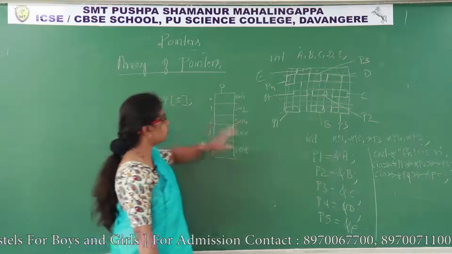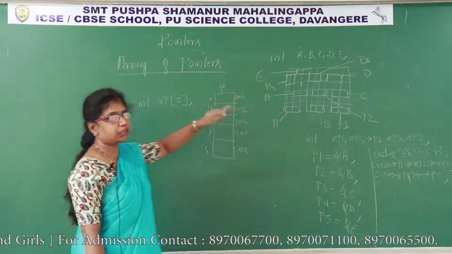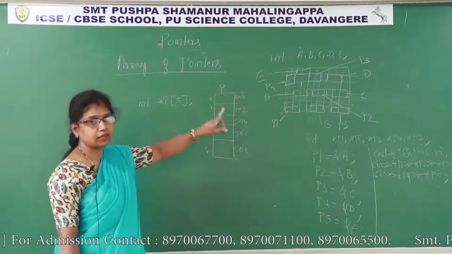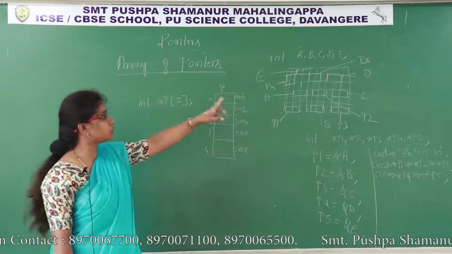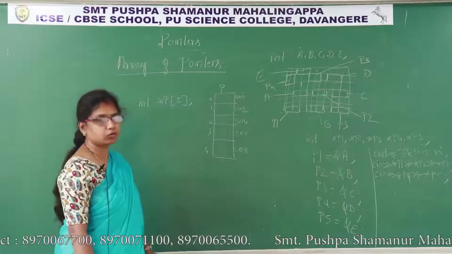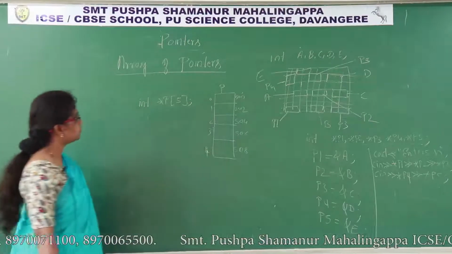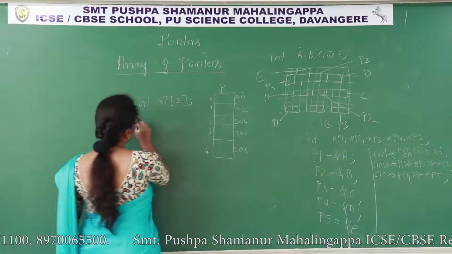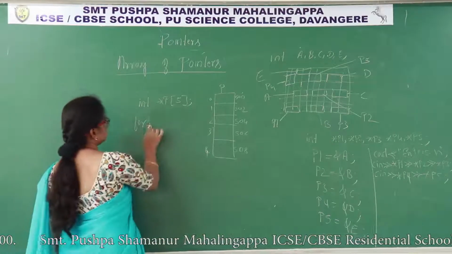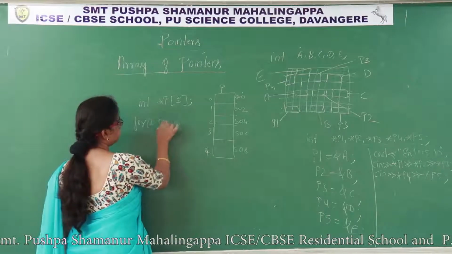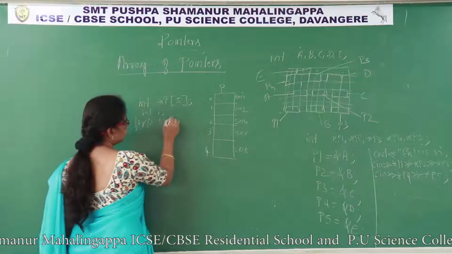Now I want to store address of A into P of 0, address of B into P of 1, address of C into P of 2, address of D into P of 3, and address of E into P of 4. Like this I want to store. How? For int i is equal to 0, i less than 5.